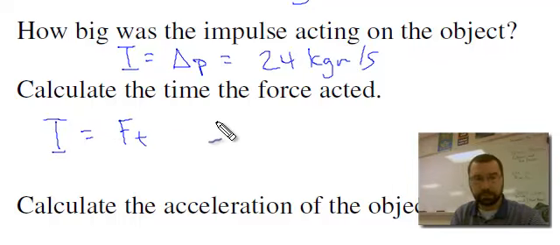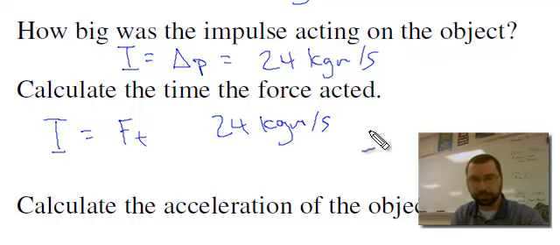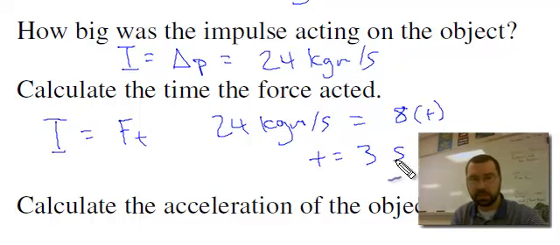And we know that impulse was 24 kilogram meters per second, and we know that the force was 8 newtons times time. So if we solve for t, we find out that t is going to be equal to 3 seconds. So that was pretty easy.